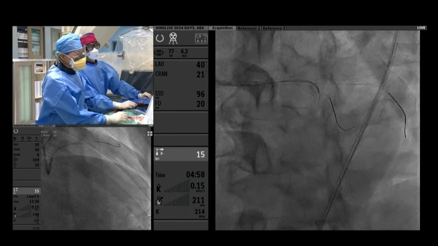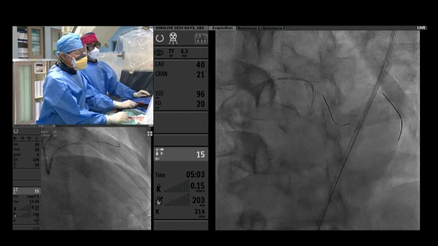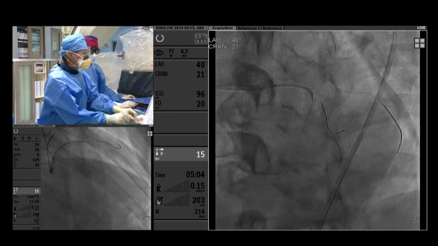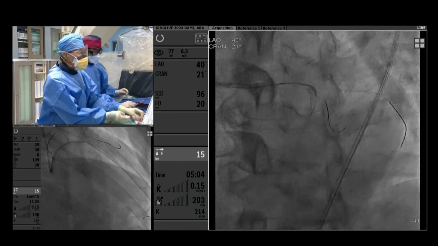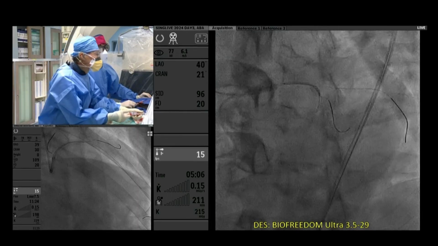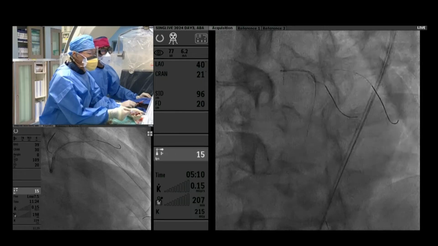But because the amount of contrast we can use is around 50, I think it's okay for us to just check. And the left main is a crucial implant, so we should do a test injection. Okay, fill the catheter first so that we don't use too much contrast.